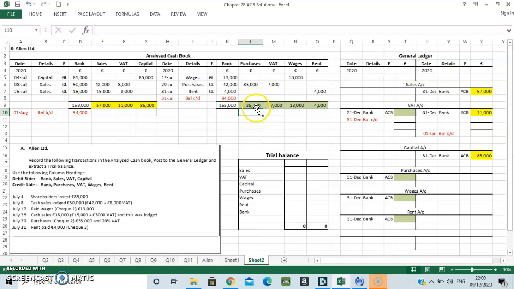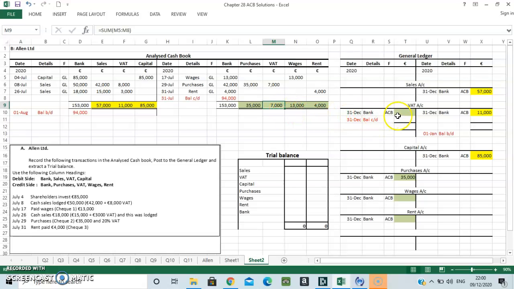So therefore, this 35,000 comes from the credit side of our bank account to the debit side of the purchases account. Purchases is down here. 35,000. Same date, same details, same folio. Now VAT, we don't need to draw another VAT account in our ledger because we already have one.